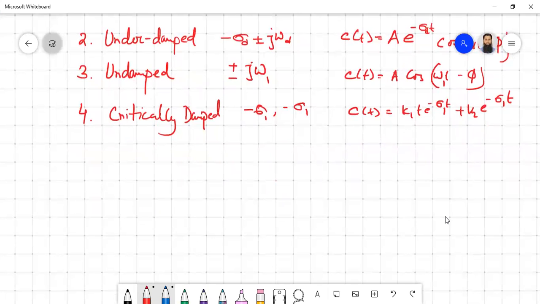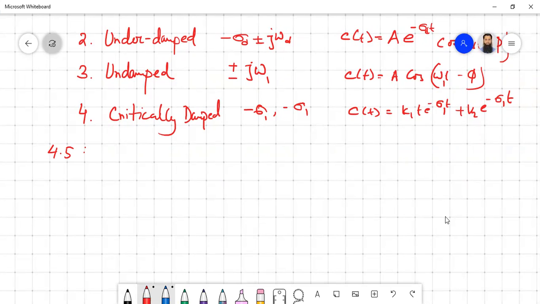The next article is actually 4.5, the general second order system. Now we are going to define the characteristic equation not in terms of general parameters like A and B, but rather in terms of the system parameters that we had for the second order system.